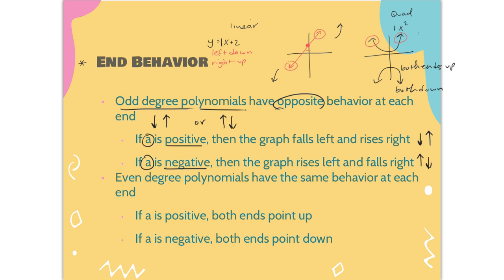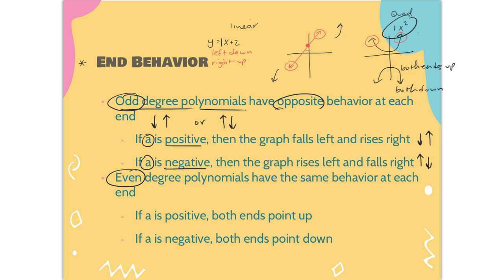So again, this is some memorizing. If it's odd, the ends go in opposite directions. And if it's a positive number in front, left down, right up. If it's negative, left up, right down. Now, what happens if the degree is even, like in a quadratic?